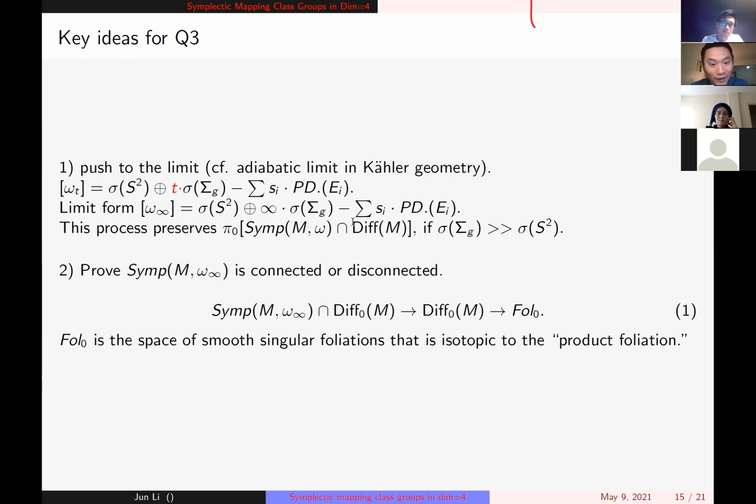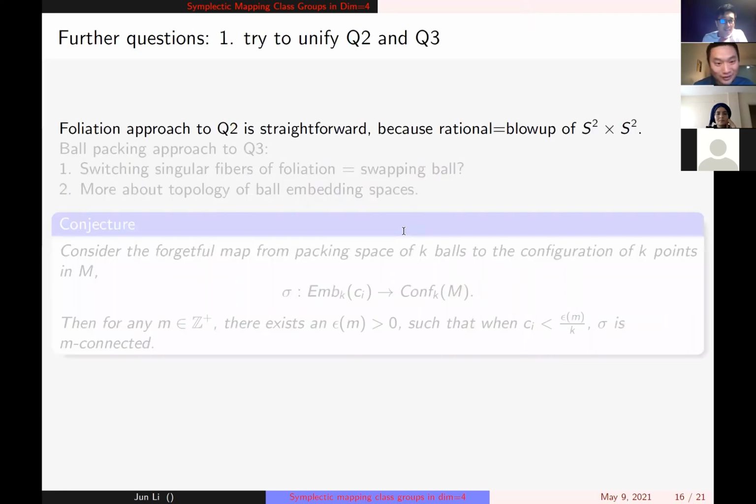Now we have a bunch of questions. Most of them are open and some of them are hard. Okay, so the first question: we apparently have 2 approaches for the different kinds of mapping class group problems.